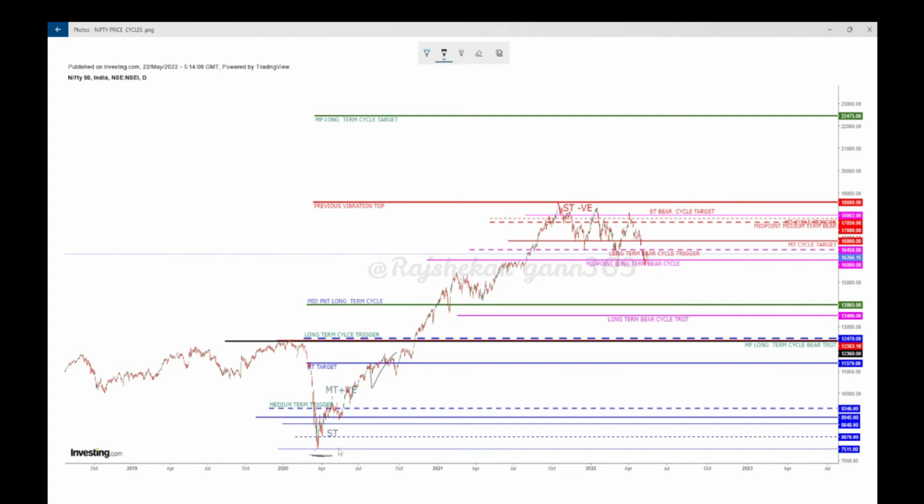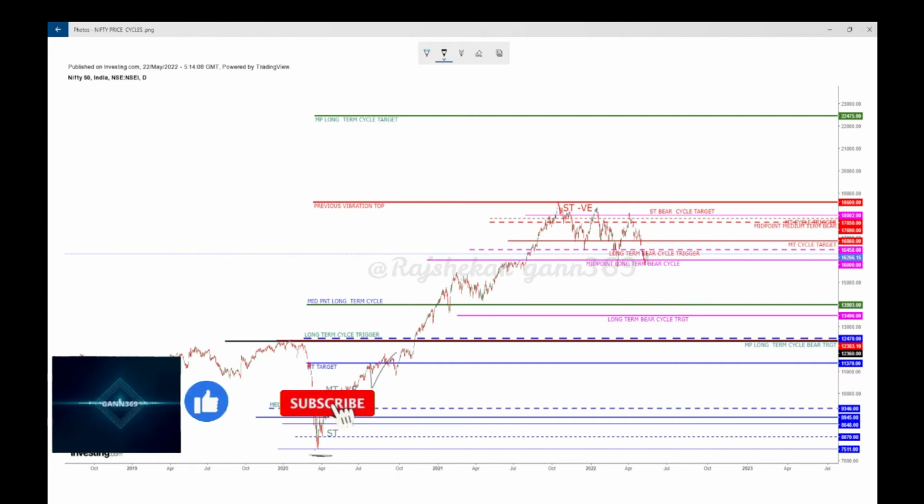From here, all these lines that you are seeing, all horizontal lines with different color coding, it's all different cycles. So markets will have bullish and bearish cycles, and each bullish cycle will have multiple bull and bear cycles. Likewise, in the long term bear cycle, it will have multiple bullish and bear cycles again. So it all depends on the trend and the long term cycle.